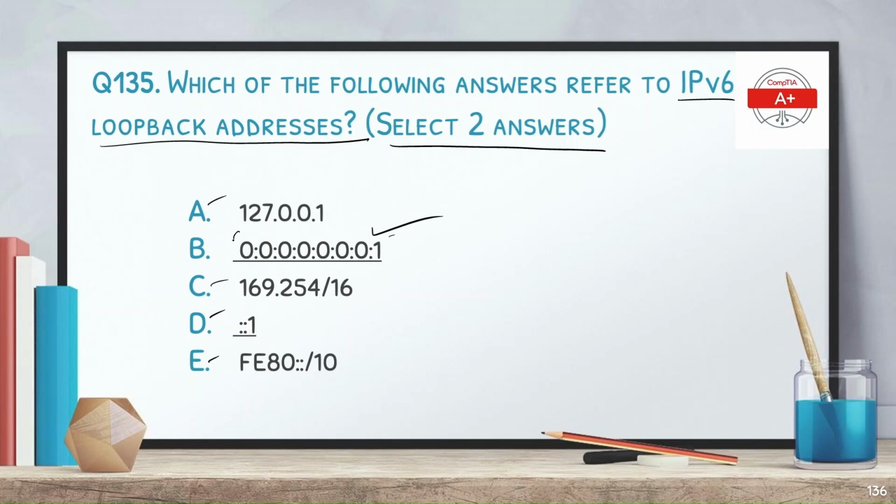So these zeros can all be truncated and represented by this colon. So these both are the same. This one is written in complete form, while this is the truncated or shortened form. So these both are the loopback addresses of IP version 6, while this is the loopback address of IP version 4.